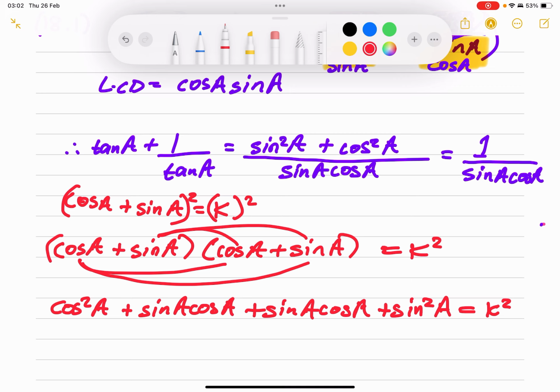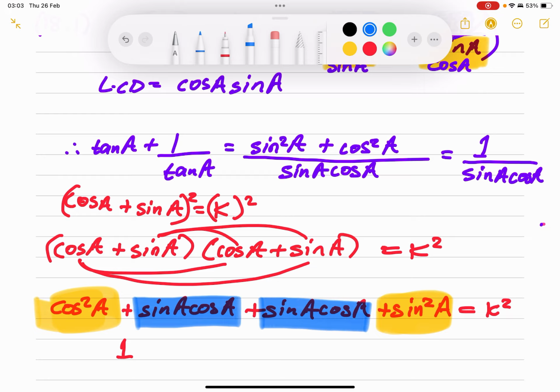And then, ladies and gentlemen, we can see that cos squared A plus sine squared A will give us 1. Those two will give us 1. And then we can see that in the middle we have like terms, sine A cos A, sine A cos A. So it's 2, so we're going to have plus 2 sine A cos A equals K squared.